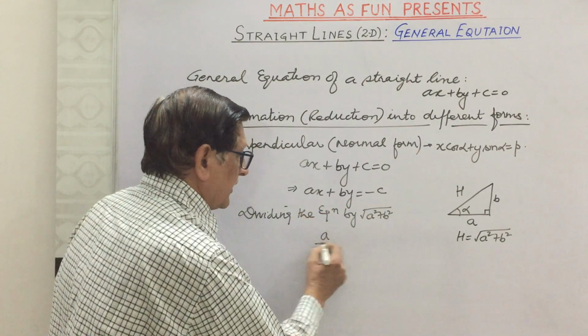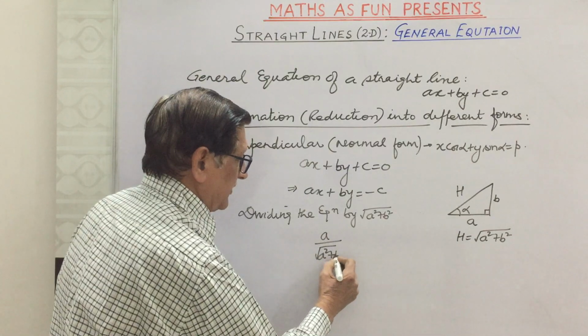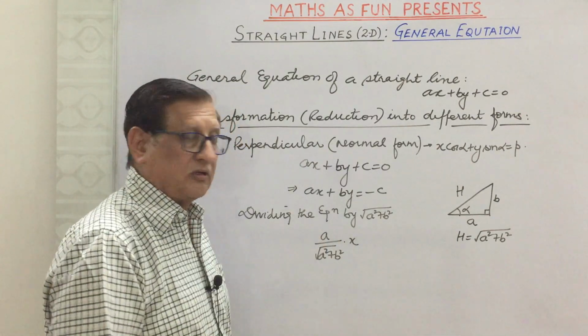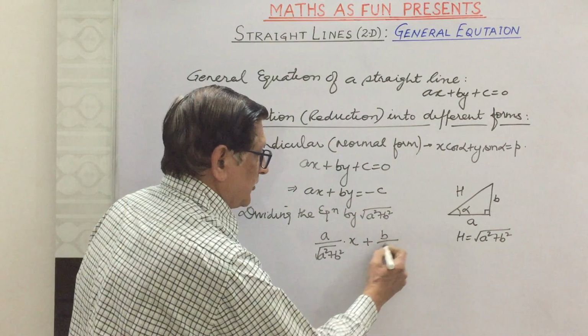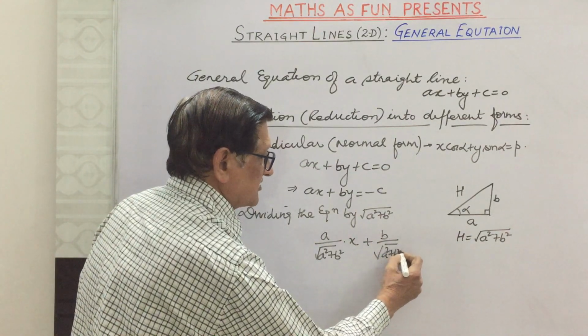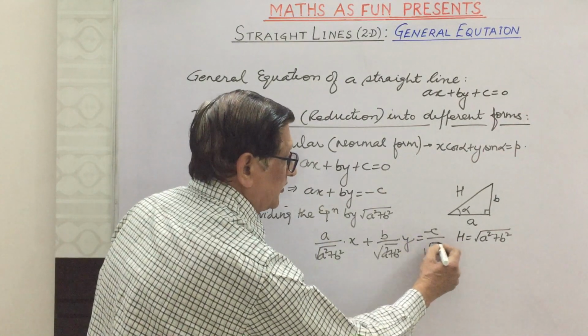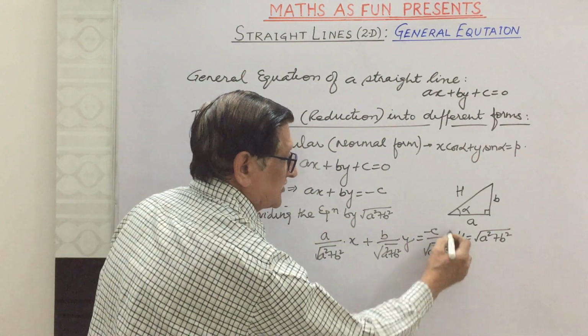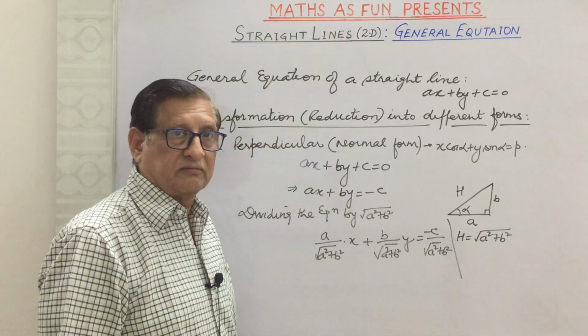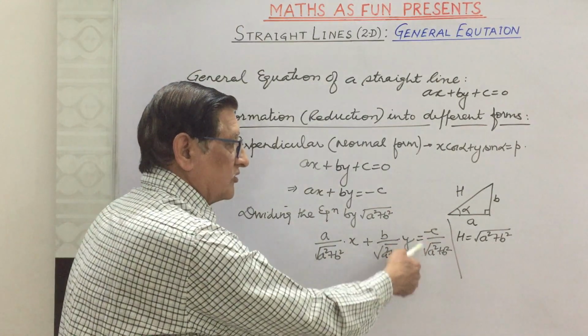We get here a upon root of a square plus b square into x plus b upon root of a square plus b square into y equal to minus c upon root of a square plus b square. See, we want it to be positive.